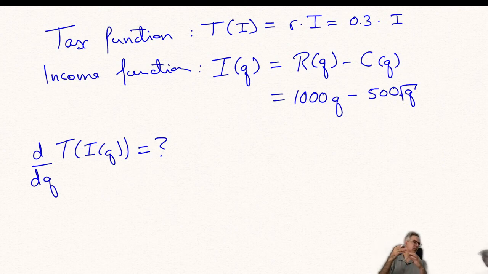Is that amount going to grow more quickly or more slowly as I add more quantity or decrease quantity? You would like to know this, or your client would like to know this. And you're a very good accountant and you say, my friend, I will let you know. Let me go look up the chain rule.